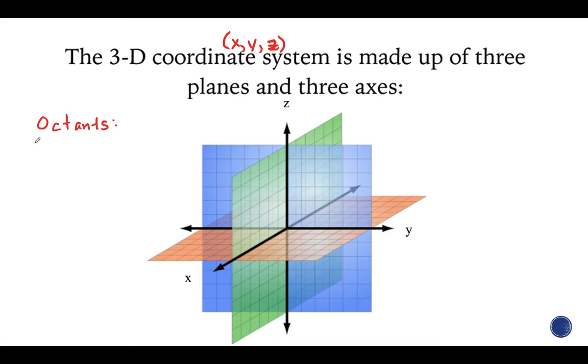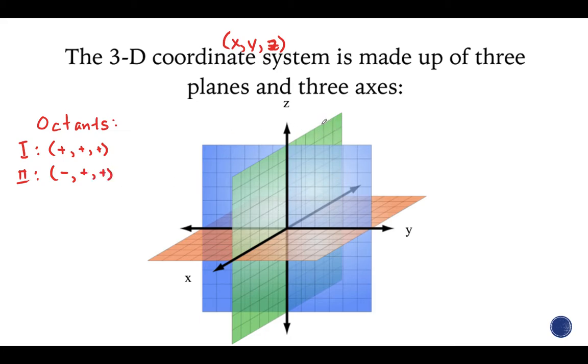And so when I think about my octants, right, my first octant, I use Roman numeral 1 here, all right, just like my first coordinate, well, that means that everything is positive. So I have a positive X, I have a positive Y, I have a positive Z, okay? Now, when I move into my second octant, all right, just like on my coordinate system, well, what's going to change here is X is going to become negative, Y stays positive, Z is going to stay positive, right?